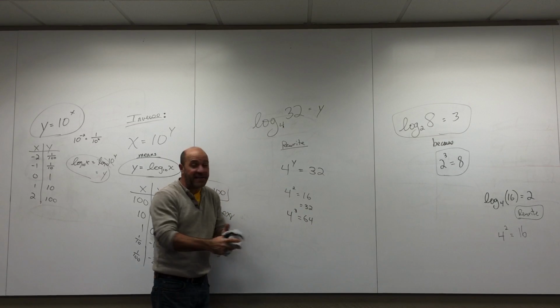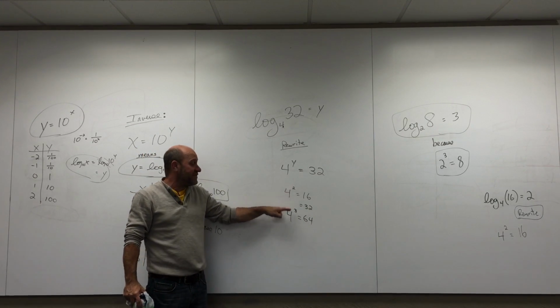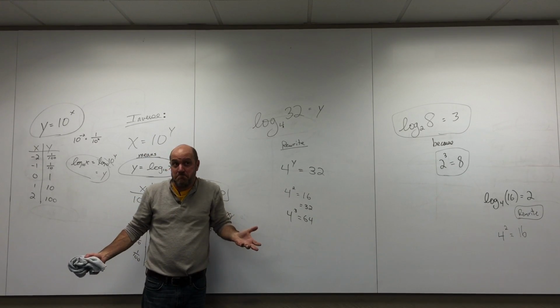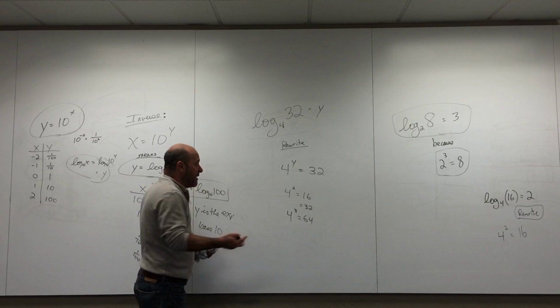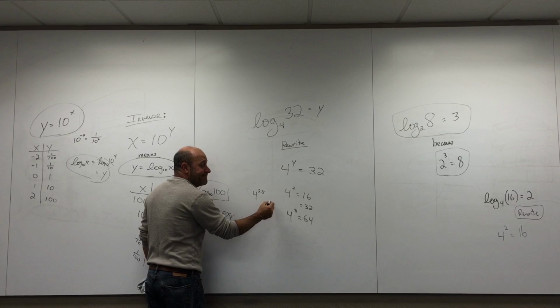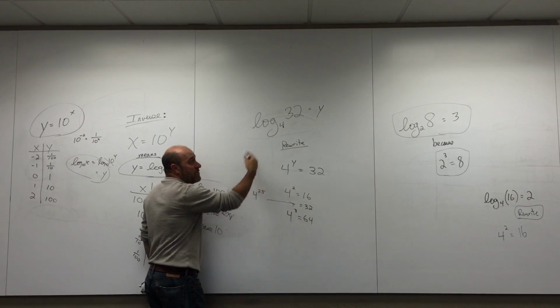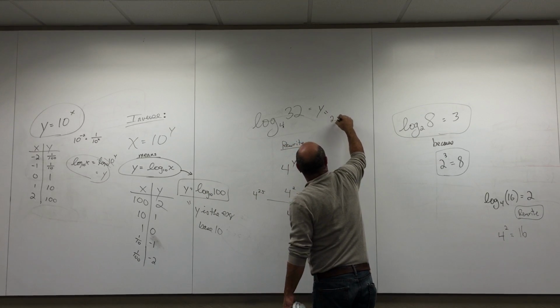So the exponent doesn't have to be a whole number, of course. The exponent can be somewhere between 2 and 3. Maybe 2.5. And maybe I would just try that on my calculator. What is 4 to the 2.5? And I would get 32. And so that's the answer, 2.5.